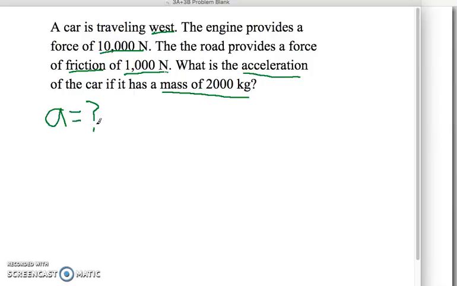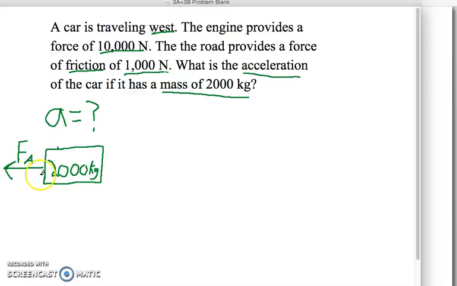So how are we going to find that? We're going to start by drawing a free body diagram. So the free body diagram would look like this. This is the car. This car weighs 2,000 kilograms. It says that it's traveling west, so we have the engine force of the car toward the west. We're just going to write that as Fa.